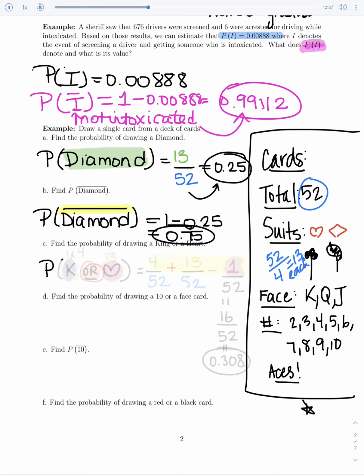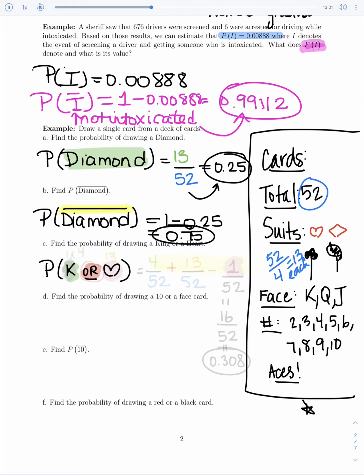Let's take a look at the next one in C. In C, we've got find the probability of drawing a king, or, and I cannot skip that word, that's really important, or a heart. Remember, or means that we're going to add some probabilities together. Let's start with the probability of drawing a king first.